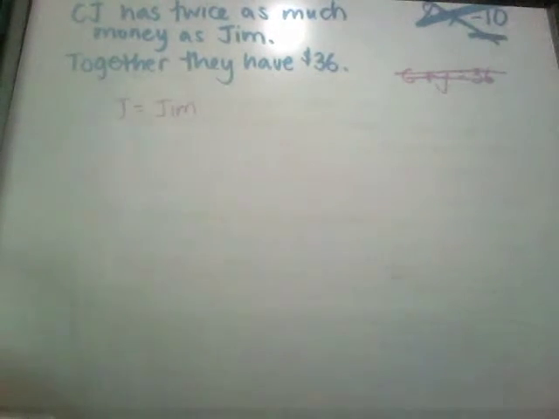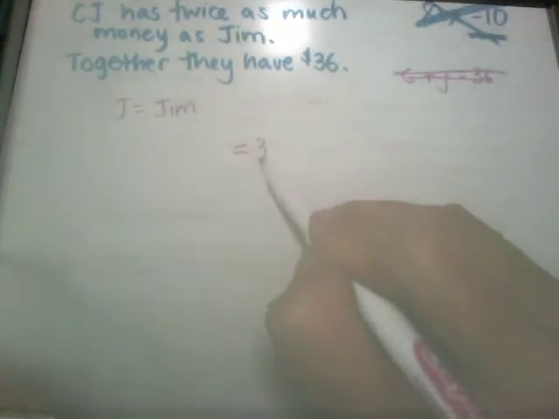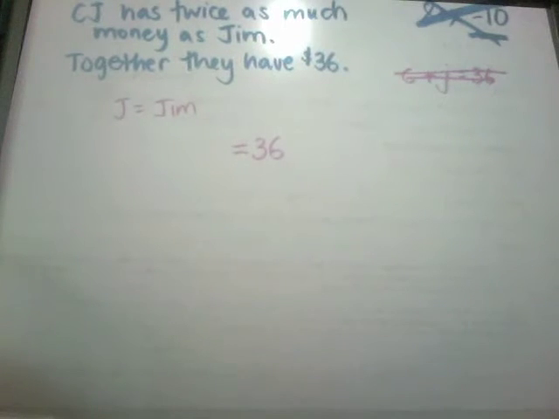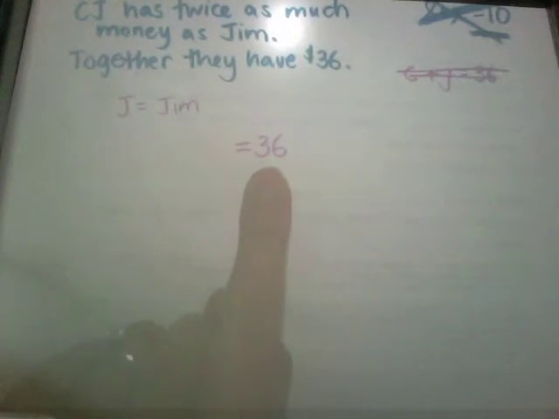Now, before I continue, together they have $36. What's the total amount of money? Jim? $36. Whenever we have a total, or in this case it doesn't even say the word total, but it tells us that together that's the total amount they have, that is like our answer.